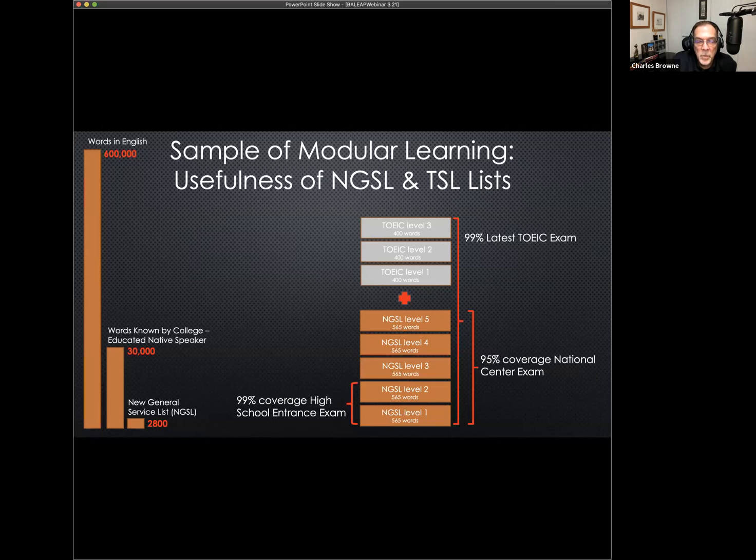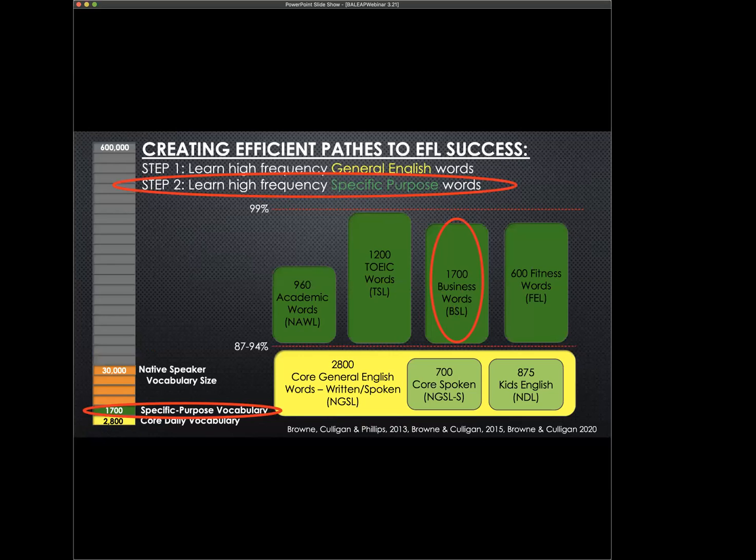And so what we're suggesting is that you can mix and match depending upon your needs or your students' needs or their goals, and that even just subsections of the list are actually quite helpful in attaining very good results. Okay, so let's go to the business word list next.